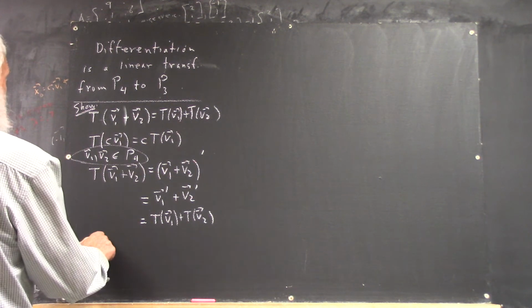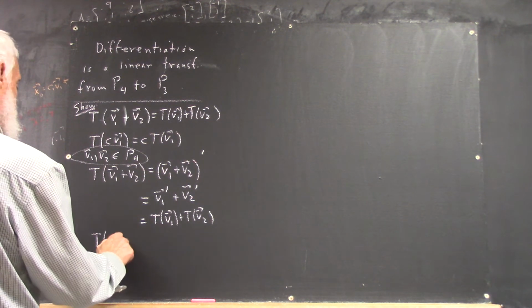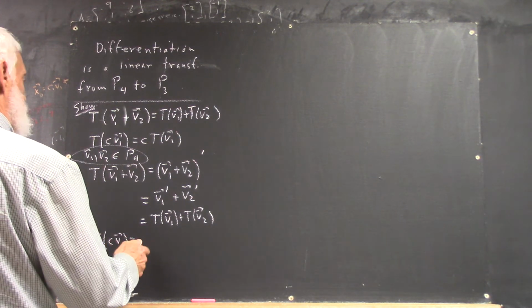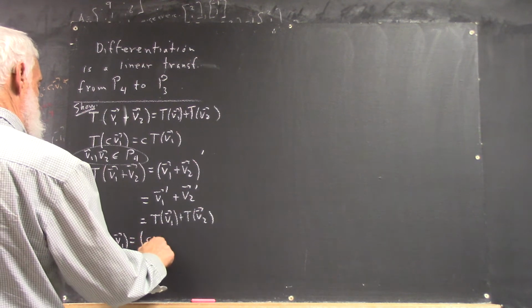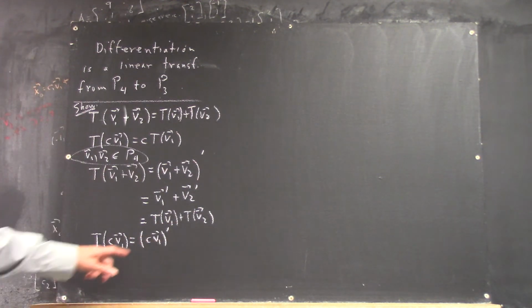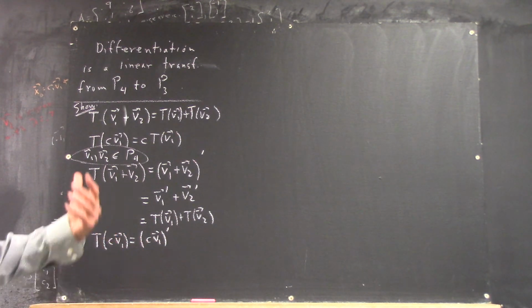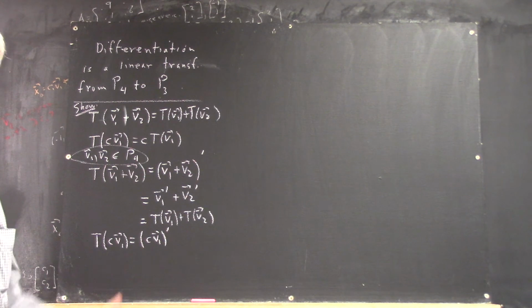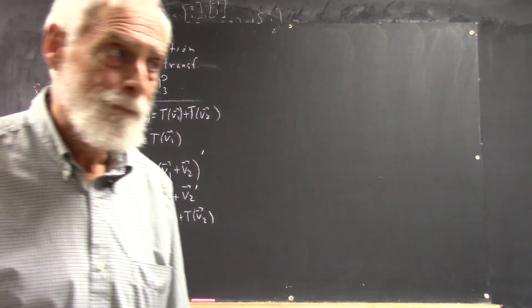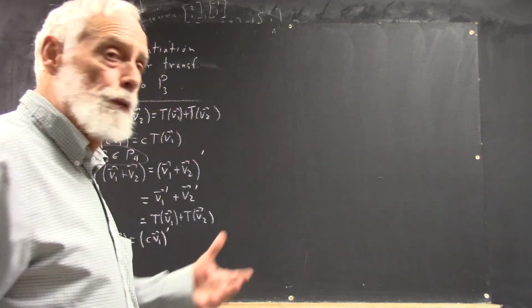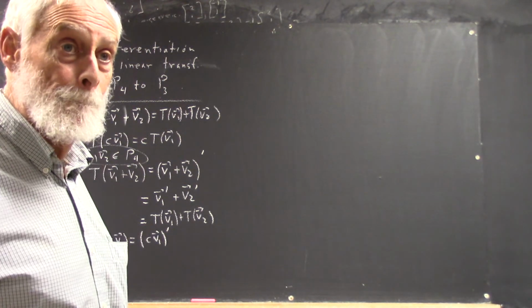The second property: T of C times V1 equals the derivative of C times V1, right? V1 is just a function. So what do the properties of derivatives tell you about that?